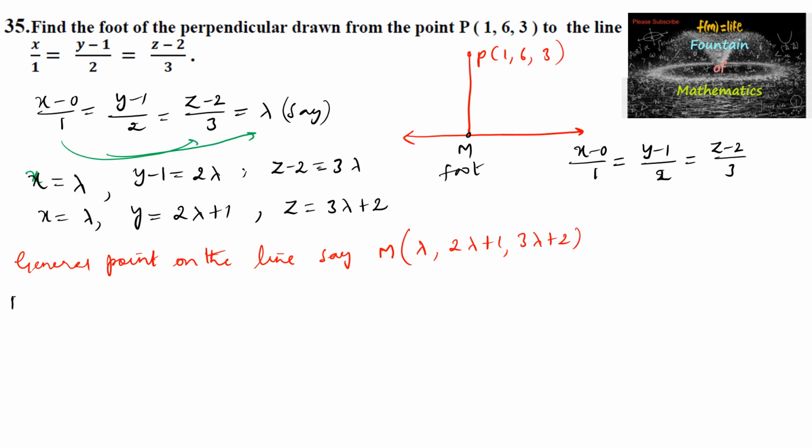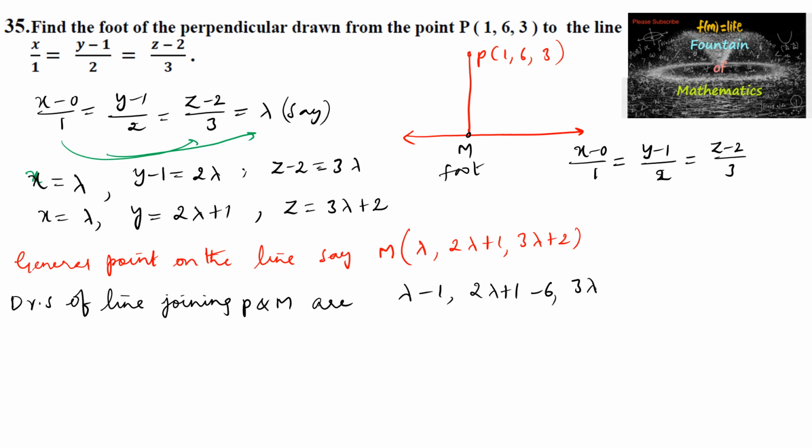Now the direction ratios of the line joining P and M are, we can say, lambda minus 1, 2 lambda plus 1 minus 6, 3 lambda plus 2 minus 3.